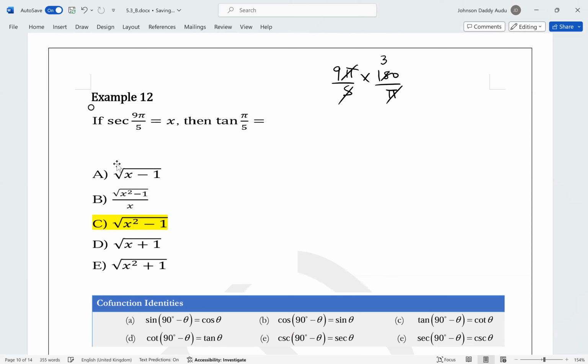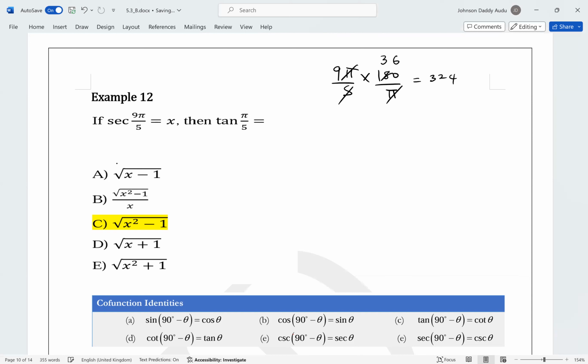So we have 9 times 36, which is going to be around 324, which is in the fourth quadrant.